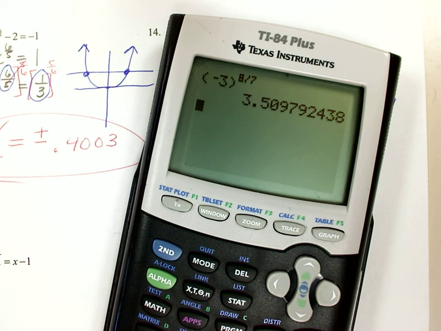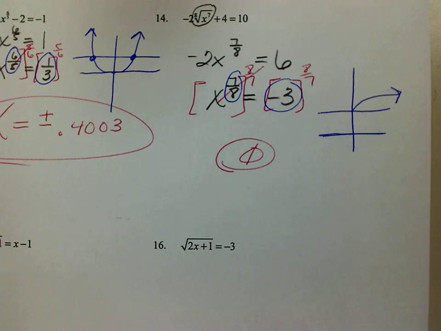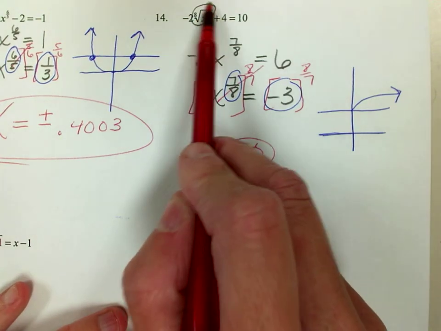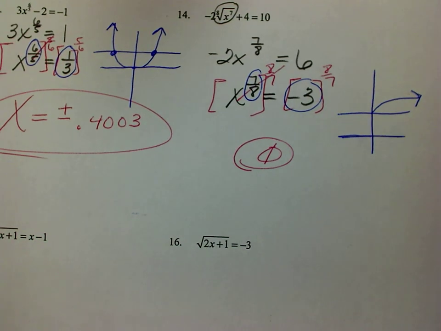That's why at the beginning, when I filled in those blanks, it said that it's not always going to give you the correct solutions. So sketching a graph tells us there's actually no solution. Because whenever you're working with radicals or fractional exponents, your calculator doesn't recognize stuff like that. It's confusing. So just sketch a graph and all is good.